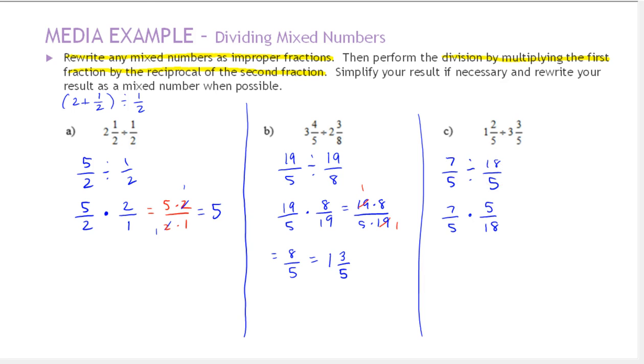So that corresponds to our previous result. So we have 7 times 5 over 5 times 18. The 5s both cancel to 1, and we have a result of 7/18. Since this result is less than 1, which is what we expected, we don't need to write it as a mixed number.